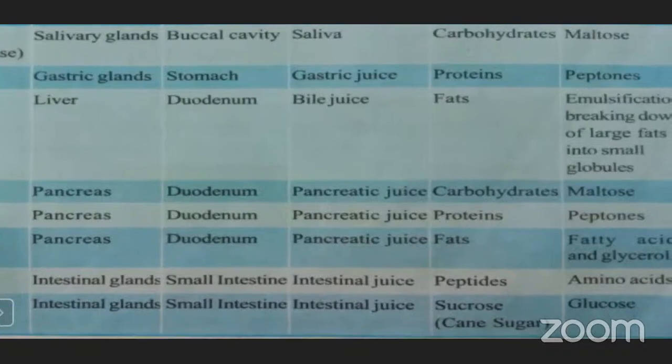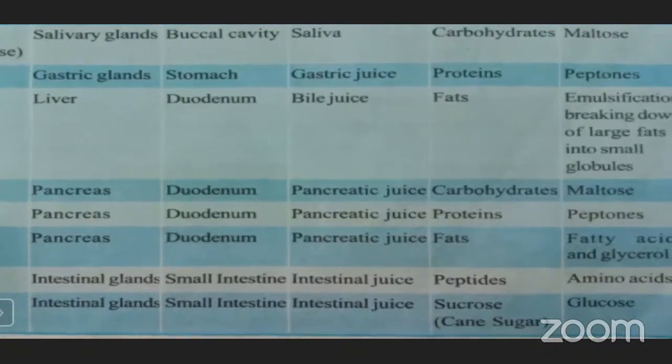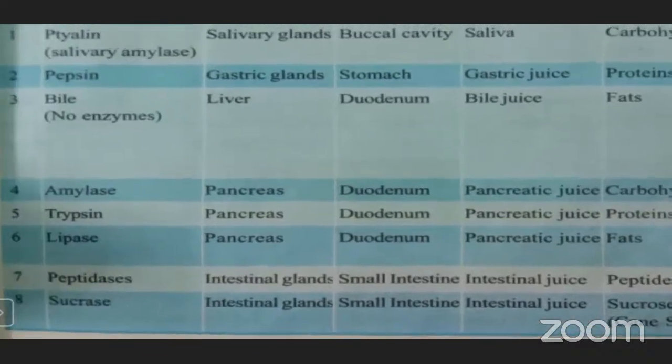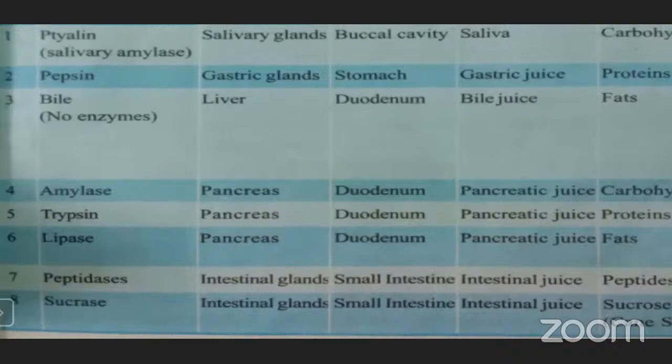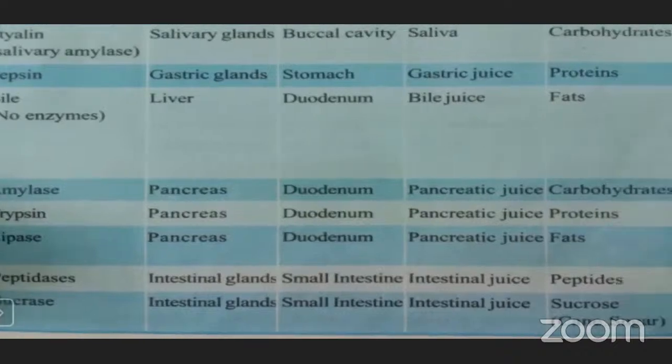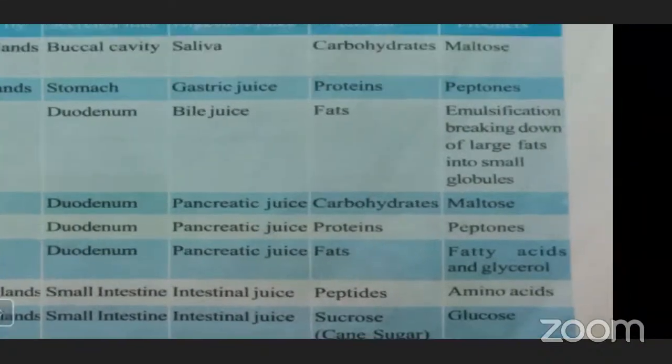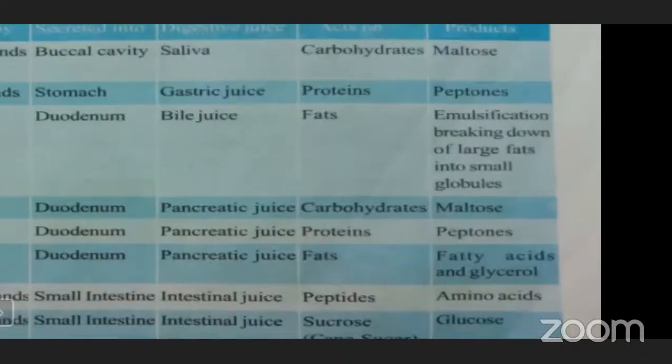This table is very important, friends. Trypsin acts on proteins and the products are peptones.